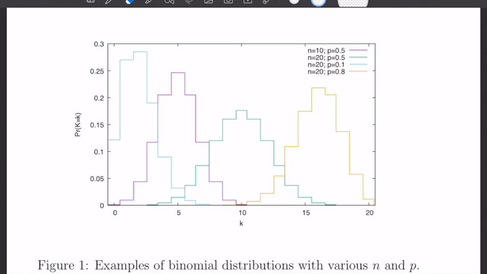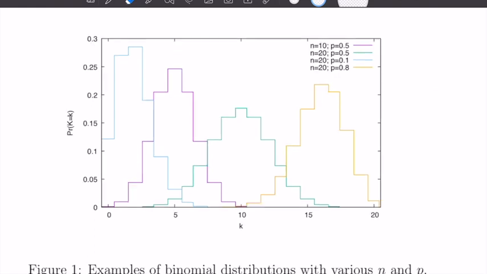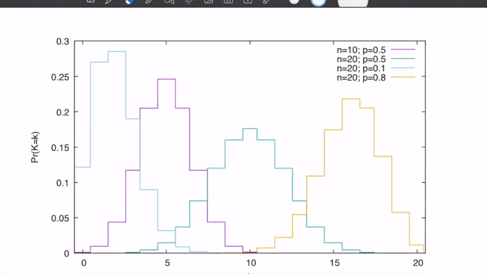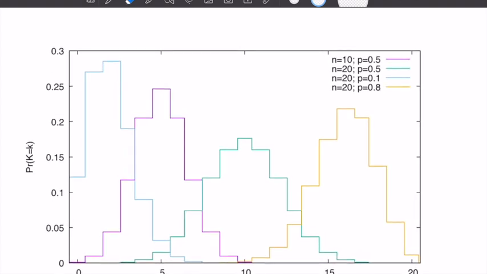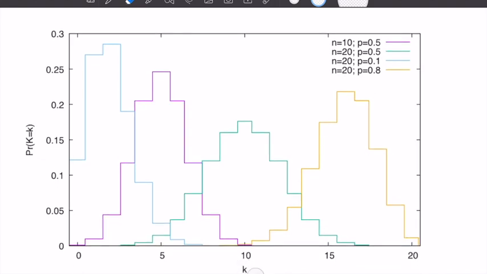Okay, so for different n and p, we have this kind of histogram of relative frequencies. This is the value of k. So when n is 10 and p is 0.5, we have this purple line.